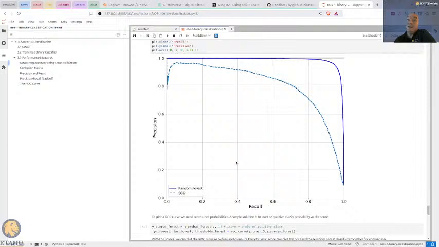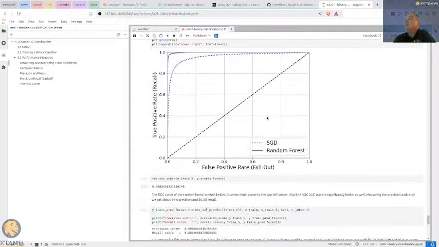Random forest is one of the models we'll look at. Random forests are one of the better basic machine learning algorithms that we're going to look at in this class. So forests and different kinds of ensembles, a lot of people use those for lots of problems. So here's the same thing using the ROC curve. You get the same conclusion if you plot it as an ROC curve.